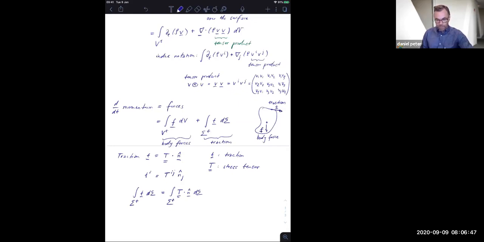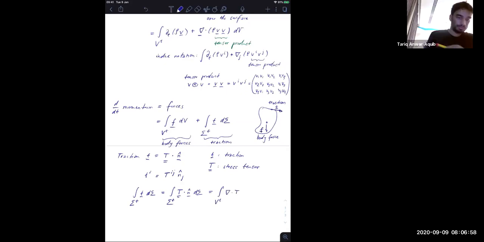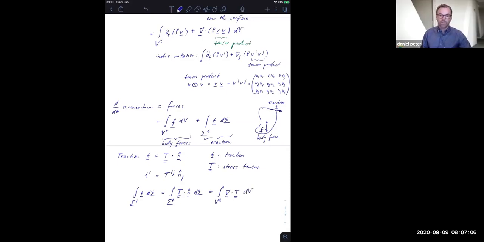And now we can use Gauss theorem again to write this as a volume integral. And this time the divergence of the stress. Now it has become a volume integral.